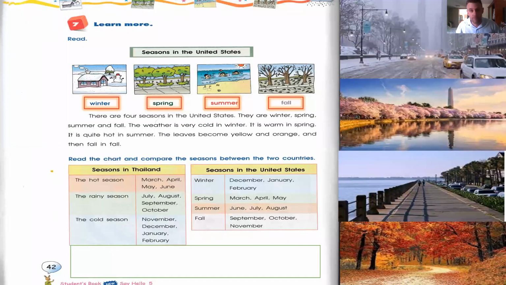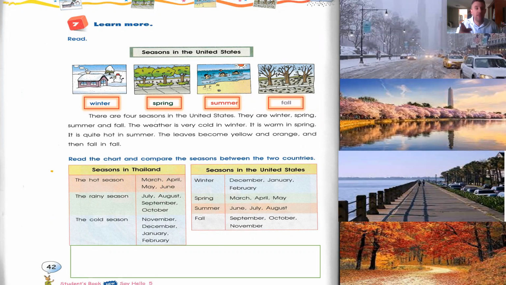Be able, you can speak about the seasons in the United States. And as we saw together, this is not only in the United States. You can find these seasons in France, in United Kingdom, in Germany, in Spain, in Italy, in many countries.